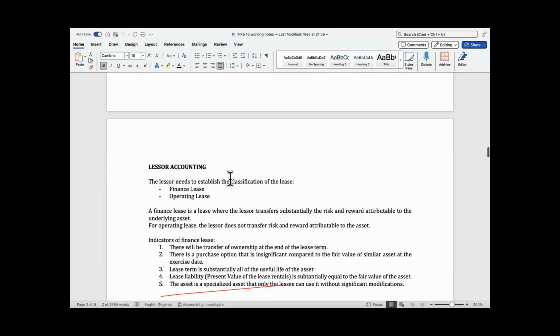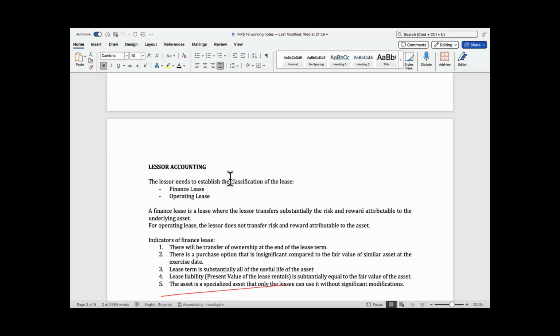For the lessor, we mentioned that the lessor needs to identify the class of lease he's entering into. It needs to identify whether he's engaged in a finance lease or an operating lease.